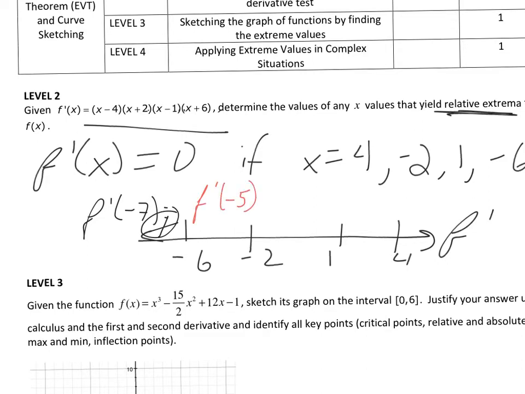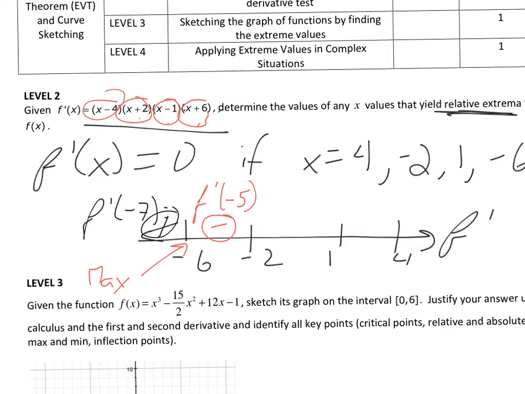That would give me -9 times -3 times -6 times +1. So negative times a negative times a negative times a positive will be negative. So by definition, since we're going from positive to negative, we would get a max.